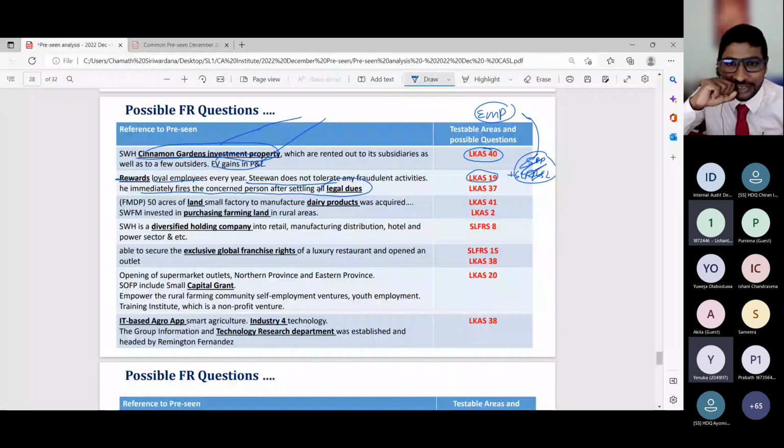So obviously you might have to decide whether we are going to make a provision for this, or whether we are going to treat it as a contingent liability. Likewise, it could be a liability for unresolved legal cases. So the legal cases might be there. That is why I have incorporated LKS 37 here.